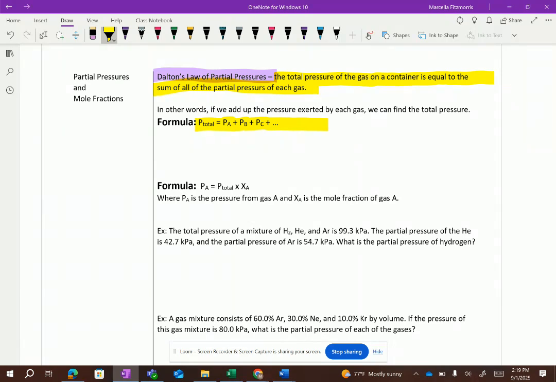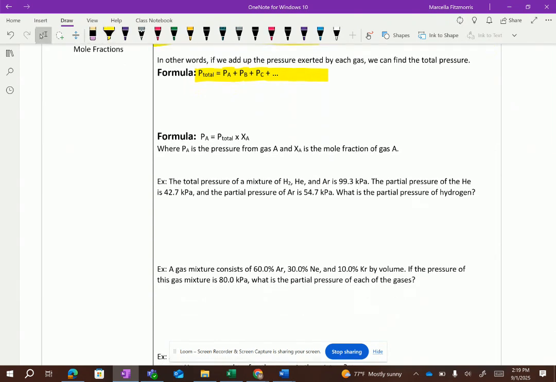Okay, so this first problem, it says the total pressure of a mixture of H2, He, and Ar is 99.3. Then it goes on to tell me the partial pressures of each gas. Partial pressure of He is that. Partial pressure of argon is that. And it wants to know the partial pressure of hydrogen.